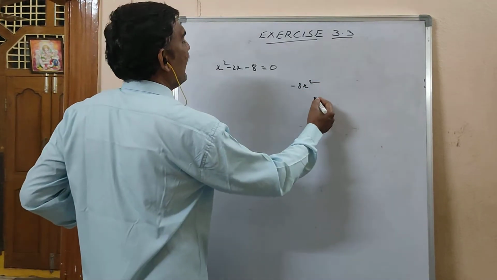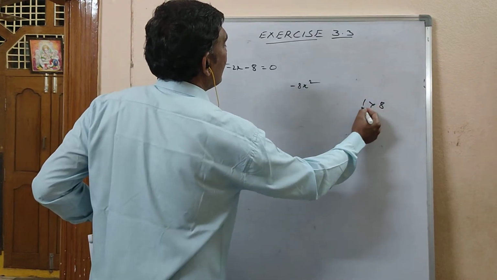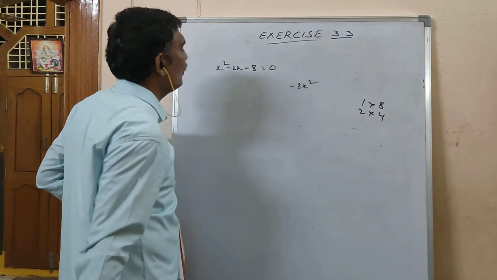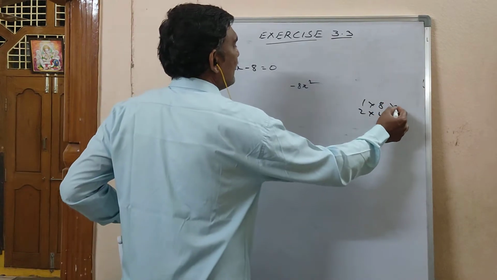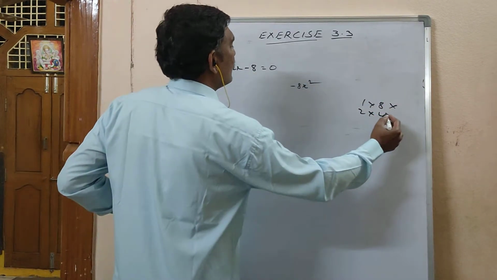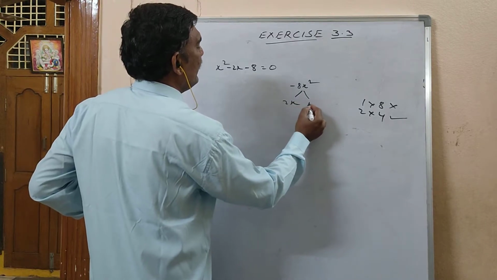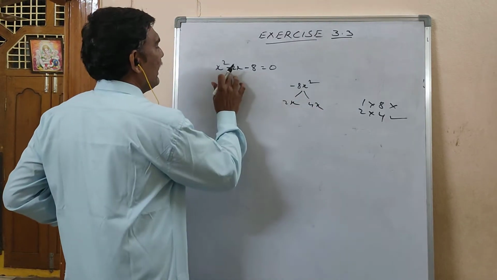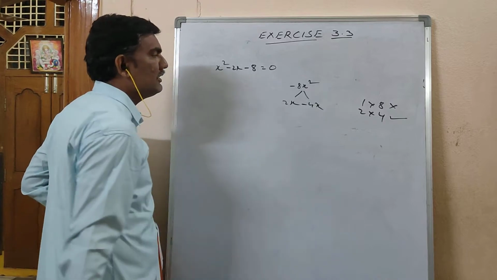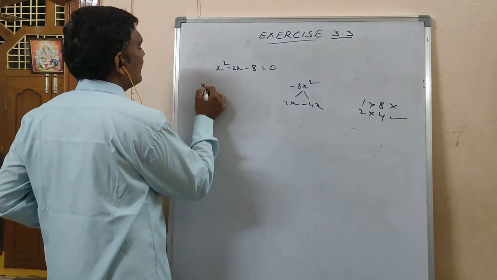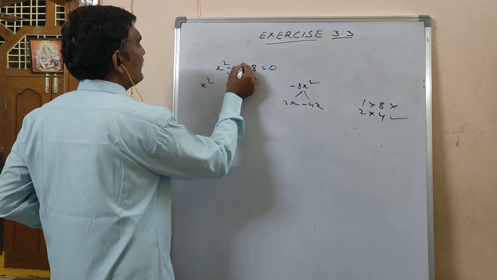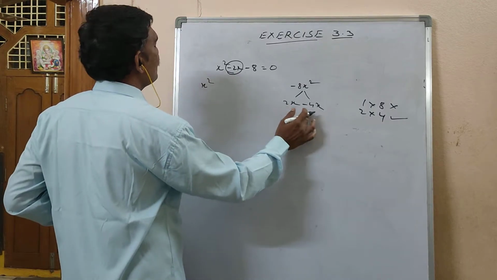For 8, the factors are 1 into 8, 2 into 4. Only with 2 and 4 do you get a difference of 2. So you have to write 2x and 4x. Being minus is there, for the bigger number keep the minus. Now, x square as it is. In place of minus 2x, I have to write these two.